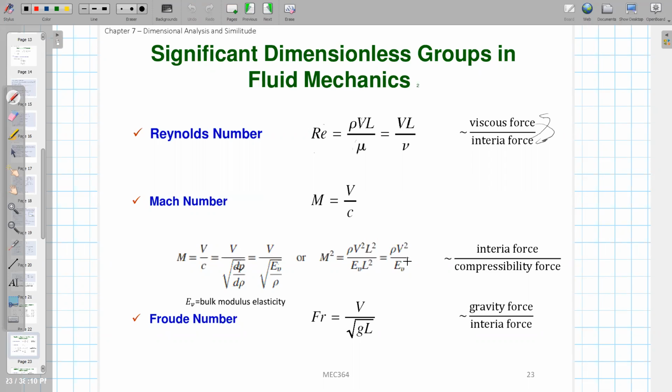In other words, the Mach number also shows you the ratio between the inertial force and the compressibility force. That is why, usually, when the Mach number is smaller than 0.3 in engineering, it means that your inertial force is much larger than your compressibility force, so we consider the flow incompressible.